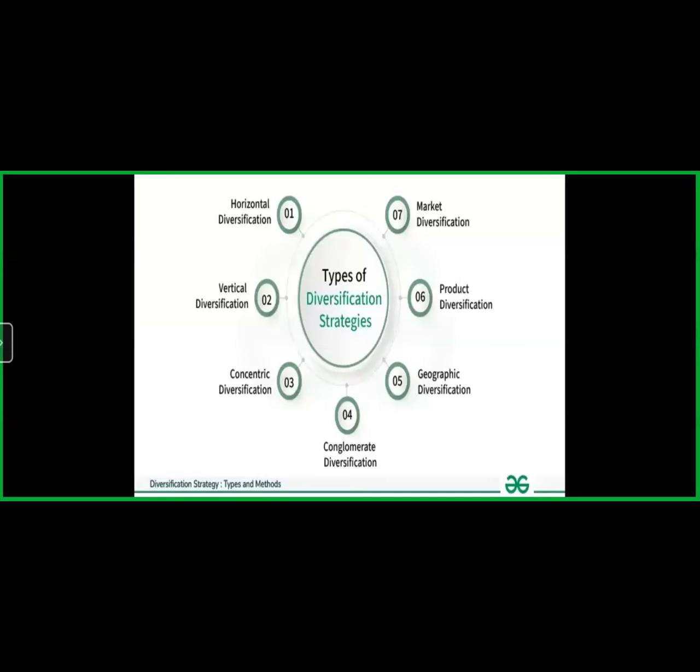So the company is expanding its business from one location to another, one city to another city, one state to another state, offering the same product and same services, but expanding its locations and branches. That type of diversification is called geographic diversification.